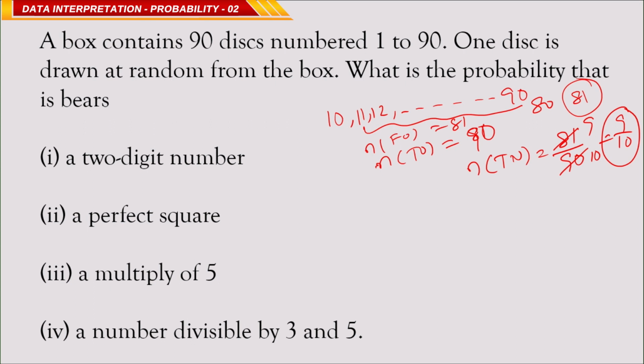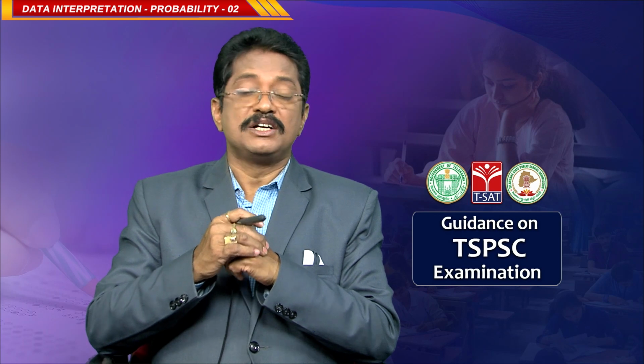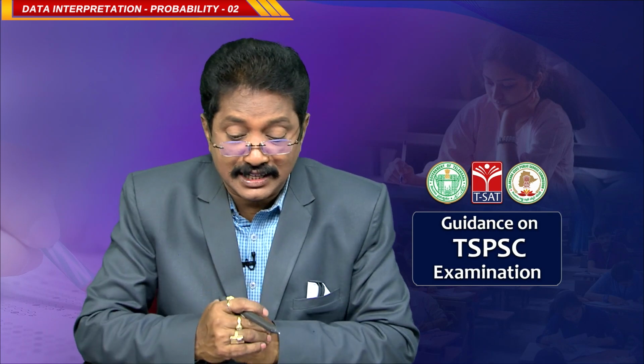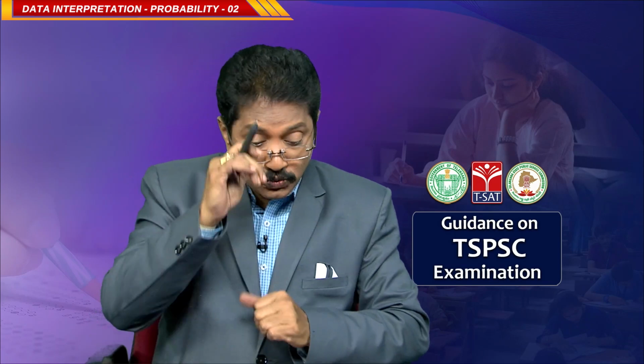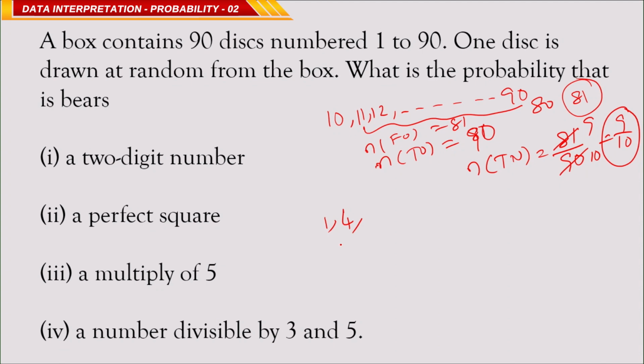Now, coming to the perfect square. When you consider perfect squares, what is the probability? How many perfect squares are here? You have to consider 1 to 90. So 1 is a perfect square, 4 is a perfect square, 9, 16, 25, 36, 49, 64, and 81 are perfect squares, because you have to consider up to 90.